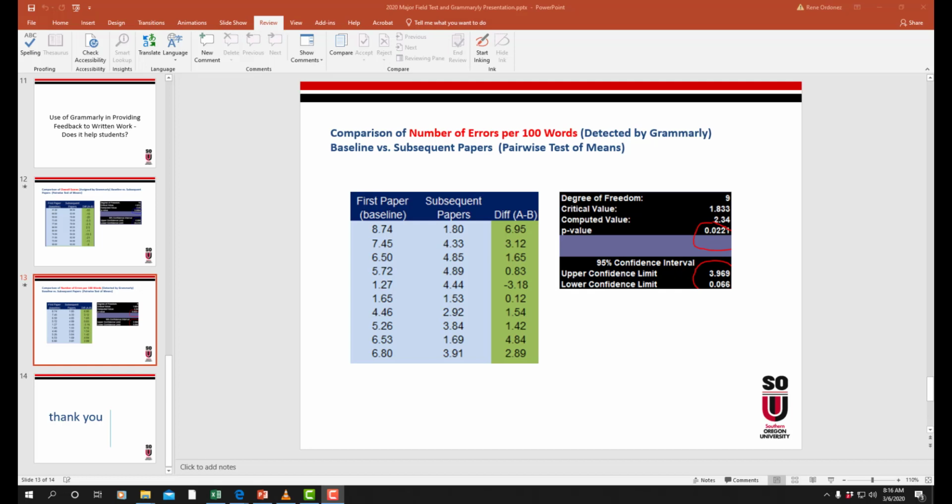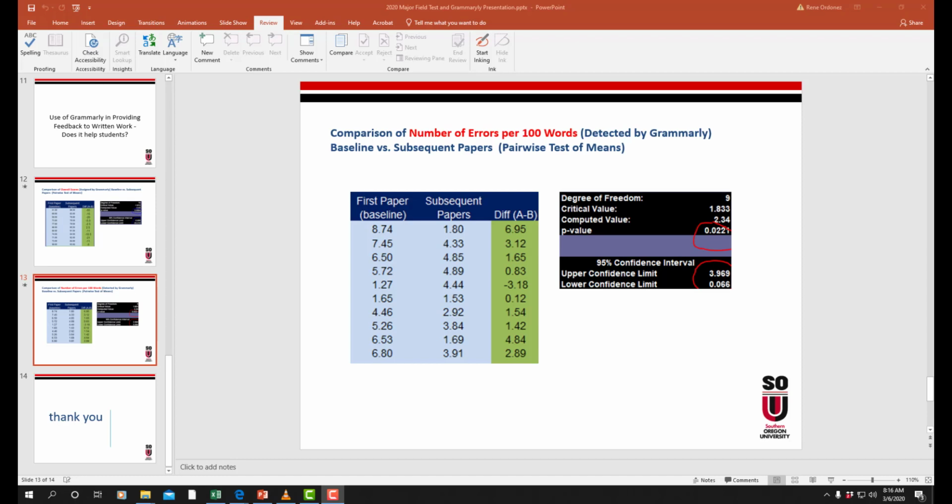And then we looked at the number of errors per 100 words, to see if there is a reduction. This column represents the number of errors for the baseline and for the subsequent papers. And then we have the difference. We computed again the difference as A minus B, so you're seeing positive scores here, which means that the subsequent papers showed a lower number of errors per 100 words.